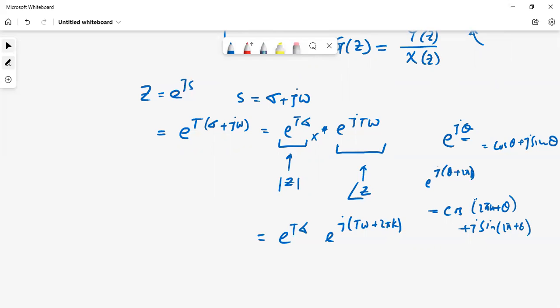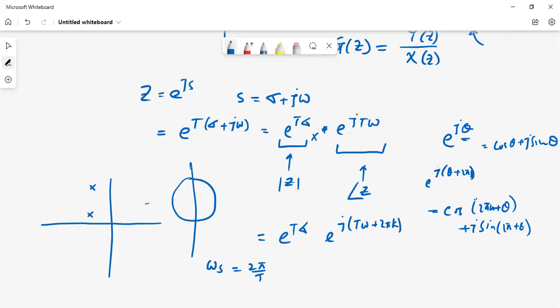So now the poles and the zeros in the S-plane where the frequencies differ by an integral multiple of this frequency, which is omega s or twice pi k over T, that is, multiples of the sampling frequency, are mapped into the same location in the Z-plane. So what it means is, if you have a pole somewhere in the Z plane, and another one twice pi apart, they will be plotted in the same location in the Z plane.